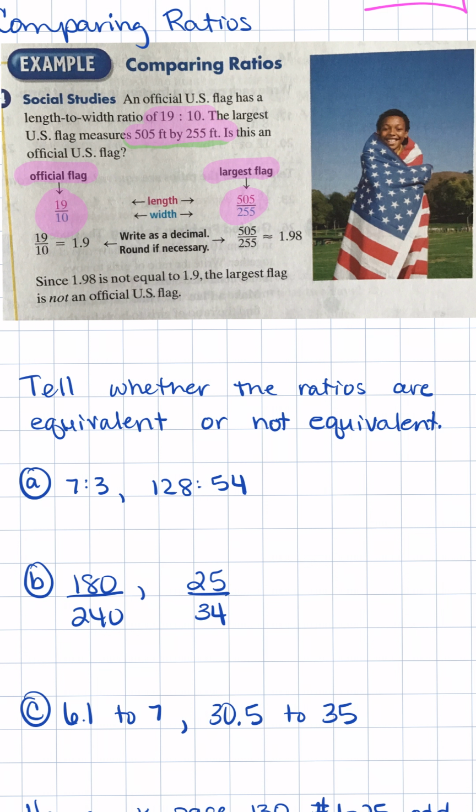So what they did is they turned it into a decimal, and to do that you just divide on your calculator. 19 divided by 10 equals 1.9. And on this side, 505 divided by 255 equals 1.98.